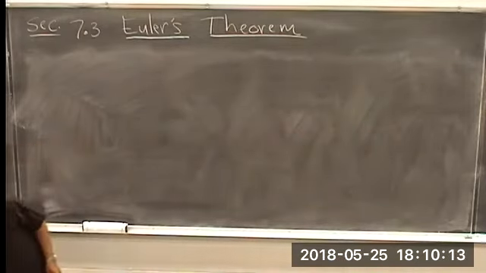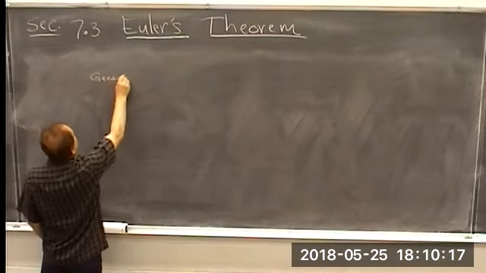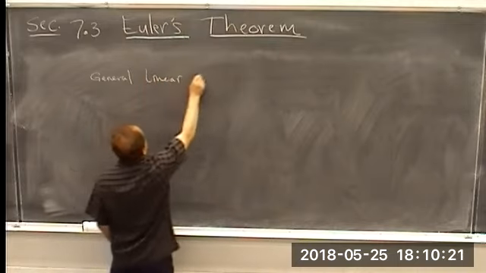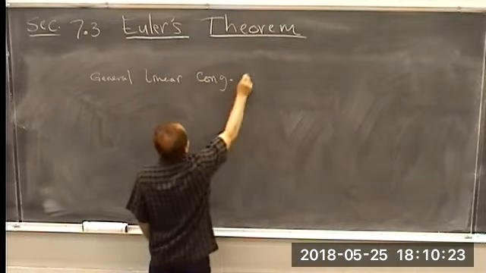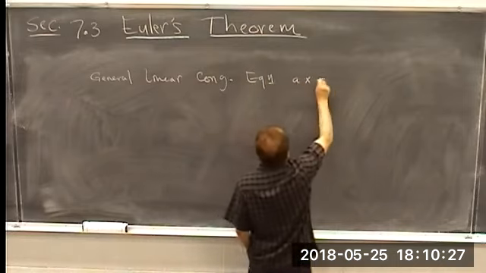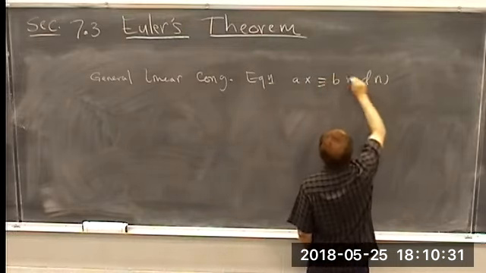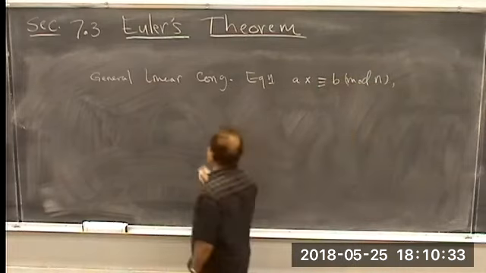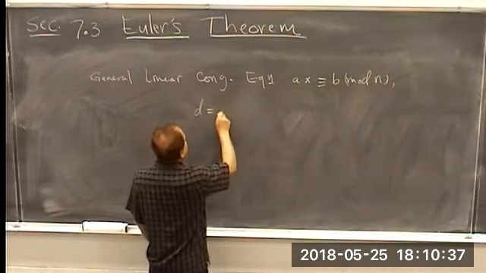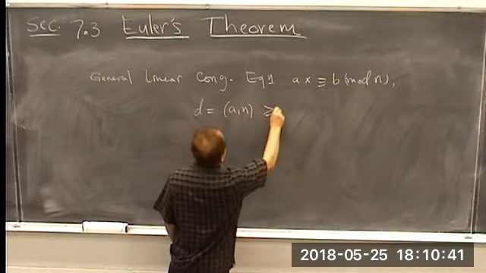So this is the general linear congruence equation, AX congruent to B mod N, where D is the greatest common divisor of A and N, and could be bigger than or equal to 1.